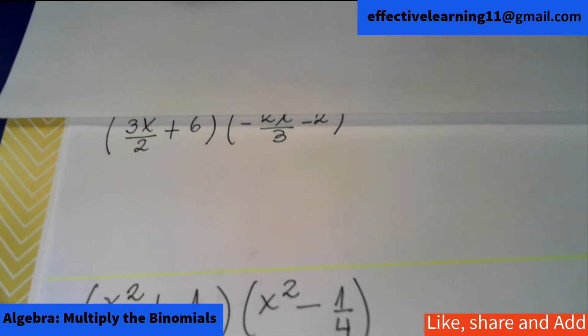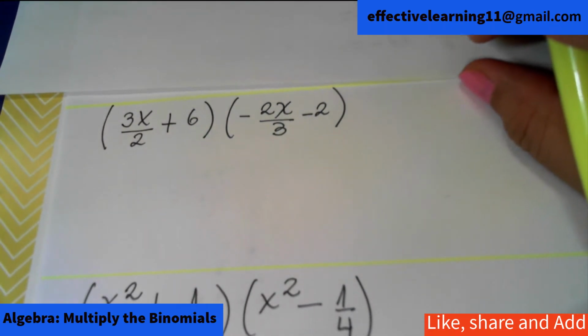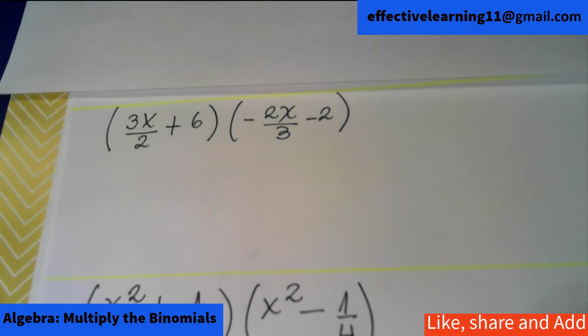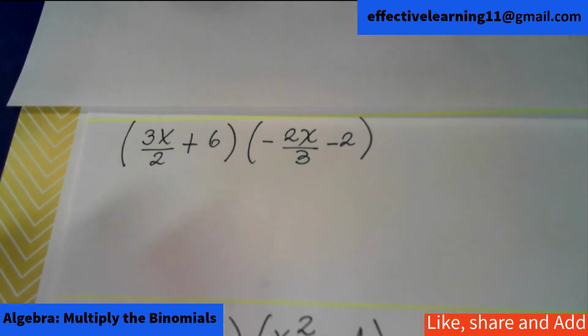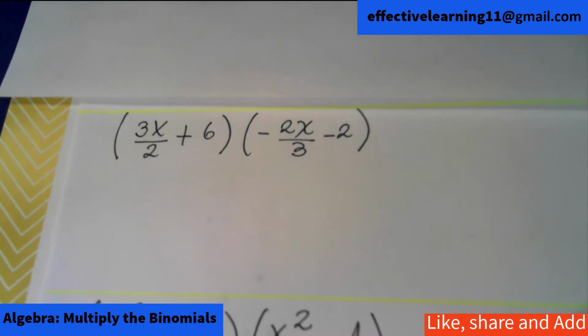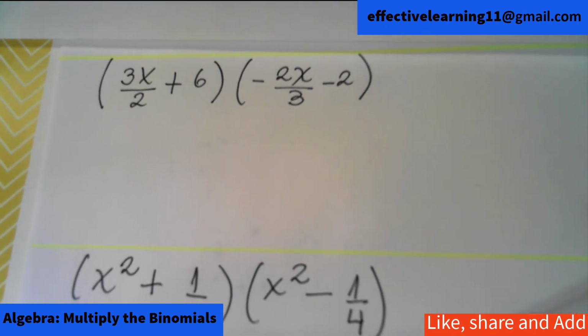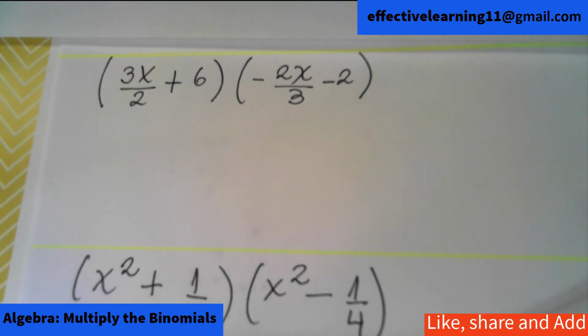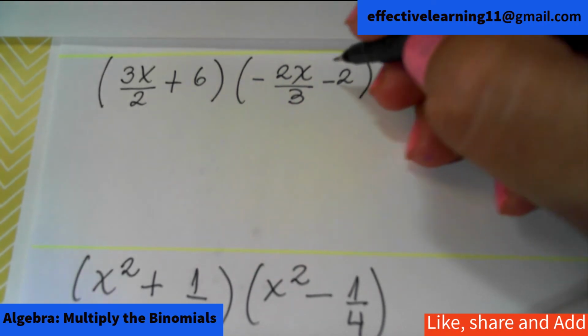Okay. Let's see. All right. We have here to multiply, excuse me, two expressions. We're going to apply the same rule here. So I'm going to copy here, this is equal.